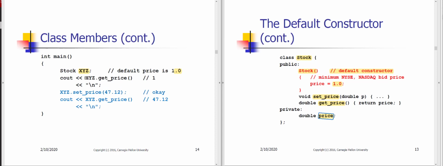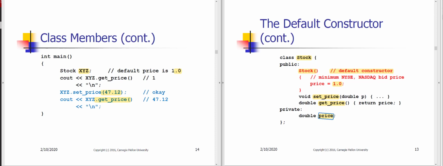So when I call getPrice, what gets returned to me is 1.0. Now that displays as 1 because recall for floating point numbers that the trailing zeros are not displayed by default. I can set the price to a different value as long as that value is greater than or equal to 0. And then when I get the price, I will get that different value that I set.